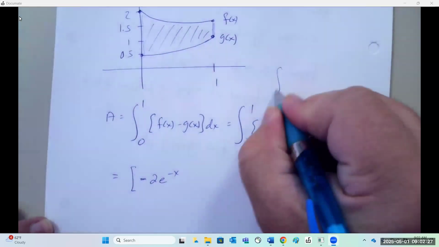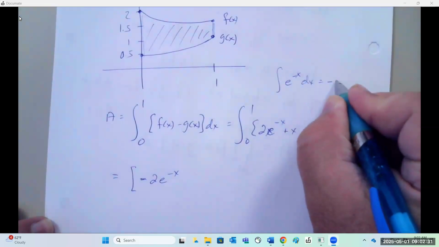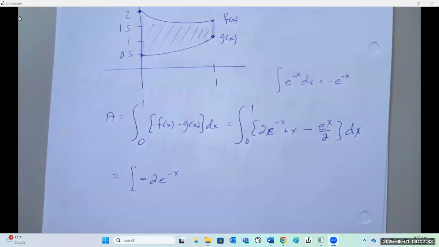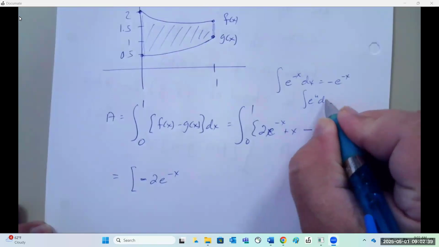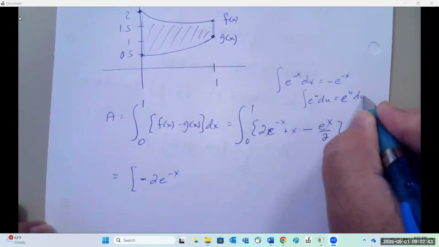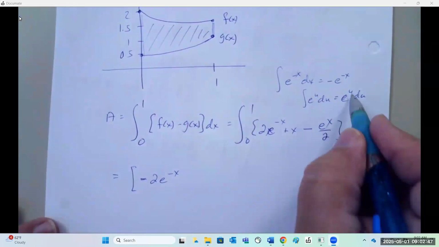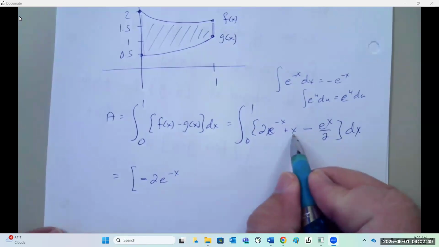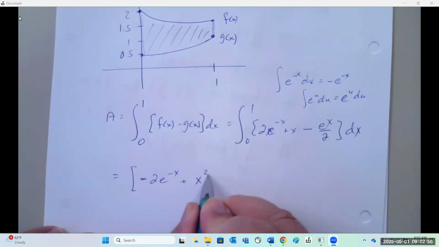So the integral of e to the power negative x is negative e to the power negative x. That's what you'll see in your cheat sheet, e to the u du. Now the integral of x is x squared over 2.